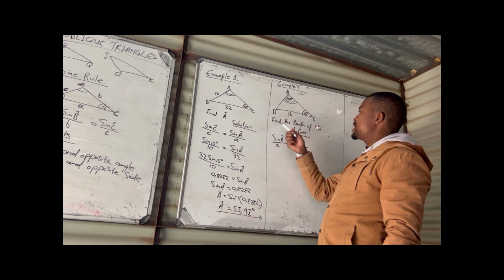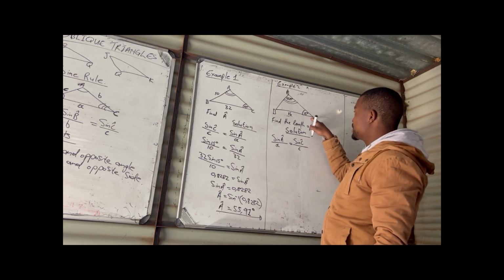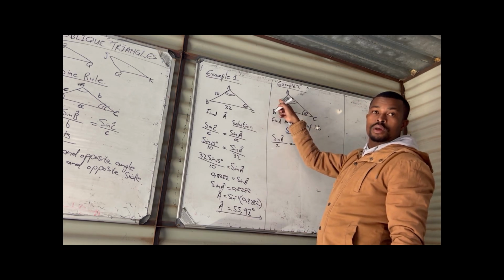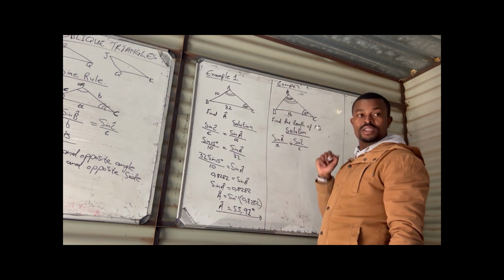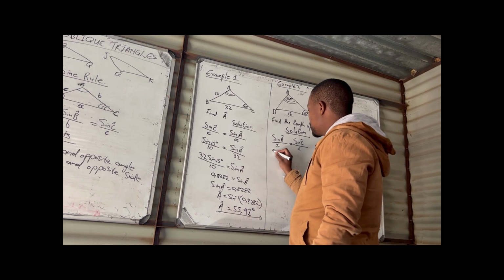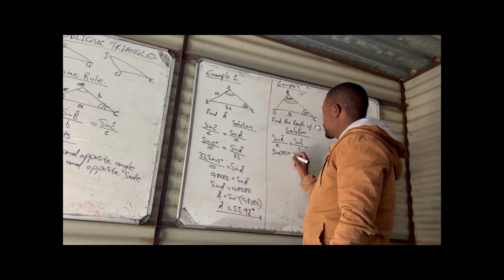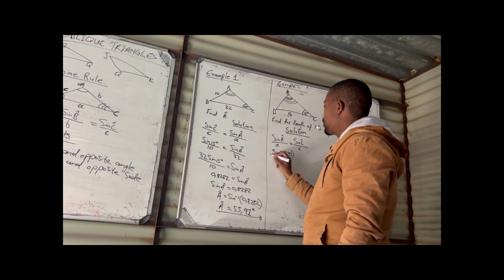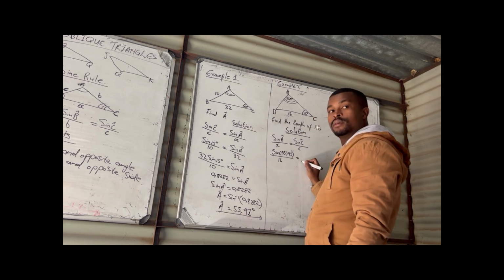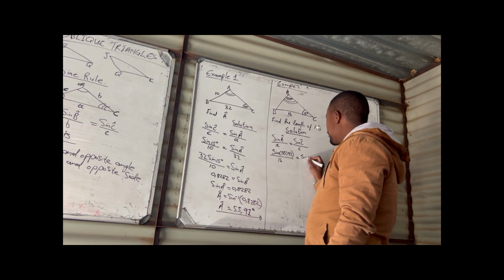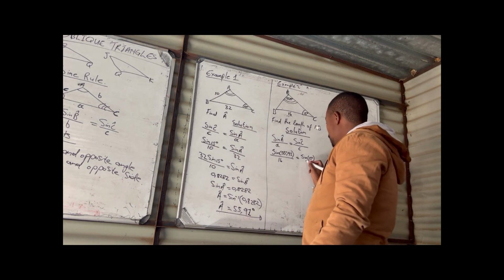Small letter c is side AB. So it will be sine of 55.91 degrees over 16, equal to sine of 15 degrees over AB.